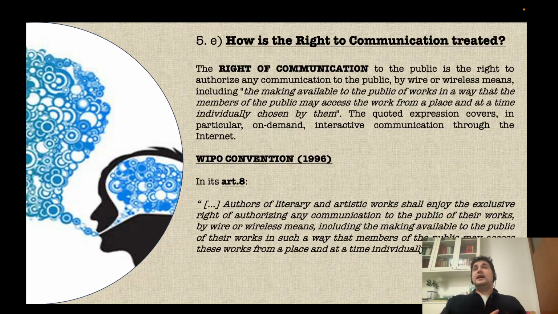Reproduction right at Article 9, performance right at Article 11. The WIPO Convention has at Article 6 the distribution right, and at Article 8 the right of communication. Let's go further.